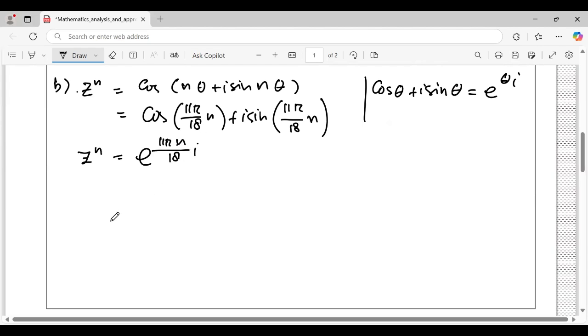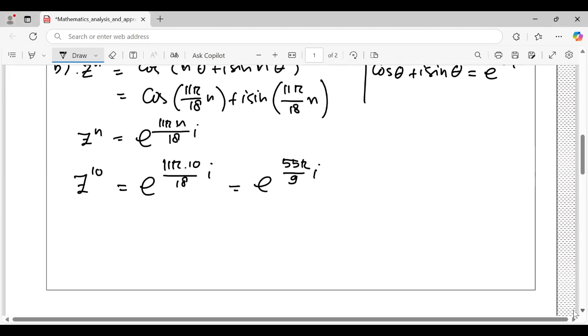So if Z power 10 becomes e power 11 pi times 10 over 18 i, or it is e power 110 divided by 18, which means 55 pi over 9 i.